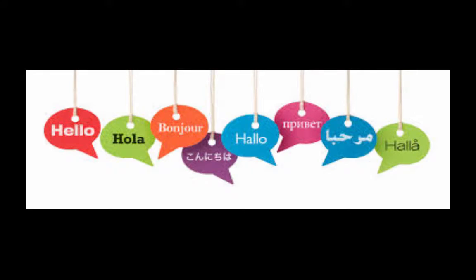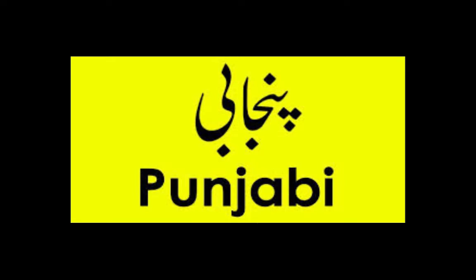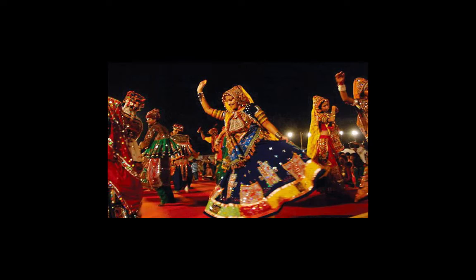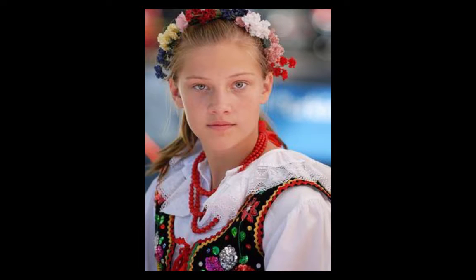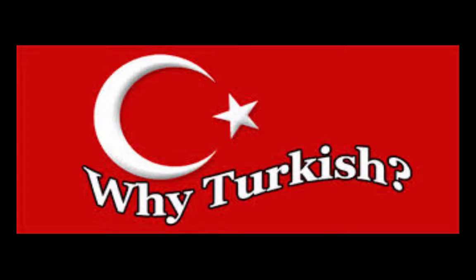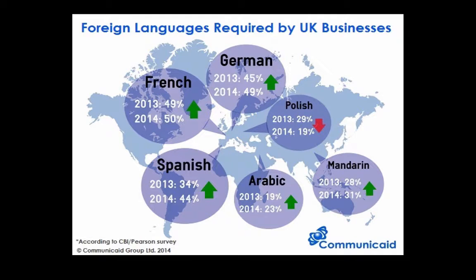The largest group are South Asian languages such as Bengali, Punjabi, Hindi, and Gujarati. Other community languages include Italian, Polish, Greek, and Turkish. 45% of the total ethnic minority population lives in London, but community languages are spoken throughout the United Kingdom.